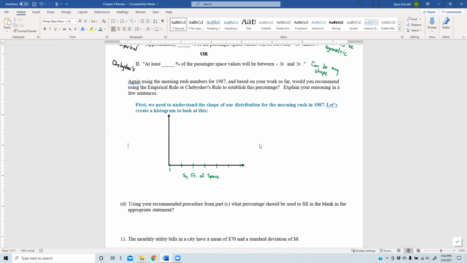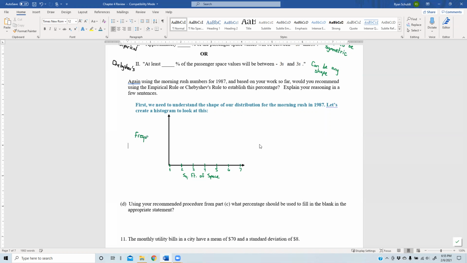So 1, 2, 3, 4, 5, 6, 7. And then up here on the y-axis, let's do just plain frequency.